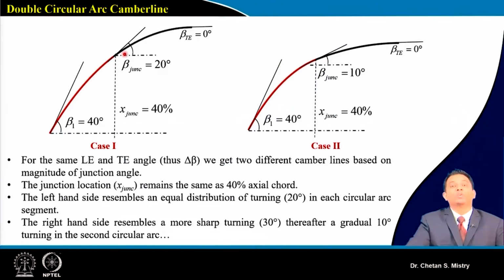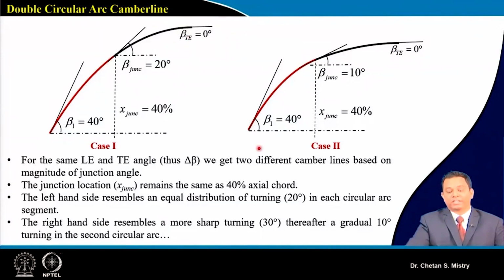We are having two different camber lines, or two curves, and the junction point is placed at 40% of the chord. On the left-hand side, the turning of the flow is 20 degrees, and at the exit you have 0 degrees.